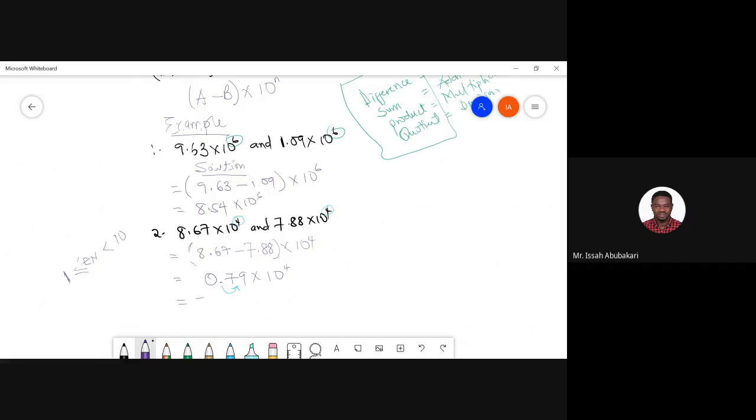So we are going to have 7.9 multiplied by 10 exponent 4. We are moving the point to the right, so it is minus. How many times are we moving the point? We only move it one time, which is minus 1. So at the end, our final answer is 7.9 multiplied by 10 power 3.